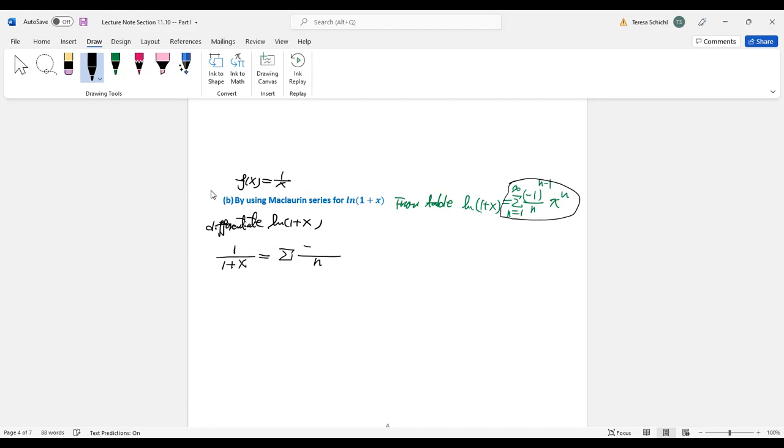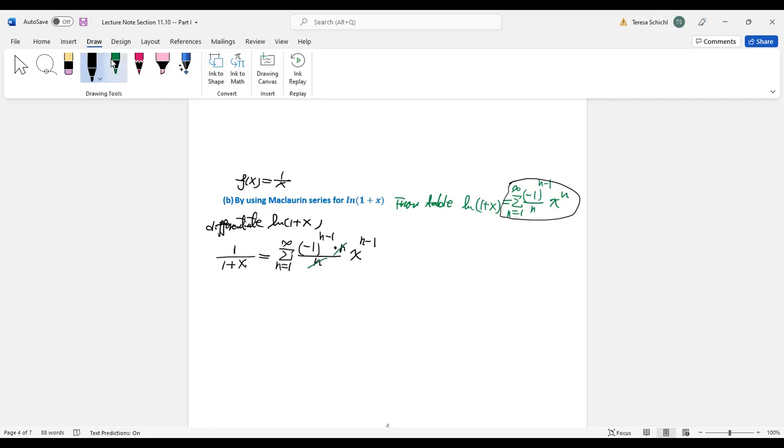So this is negative 1 to the n minus 1, then for x to the n, you bring down the n. So what is here? x to the n minus 1, right? Because you take the derivative, your n restarts from 1 to infinity, and in here the n cancels out.